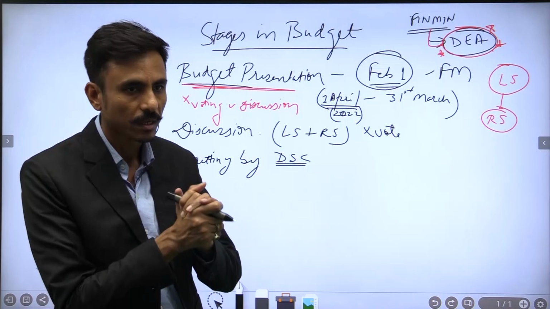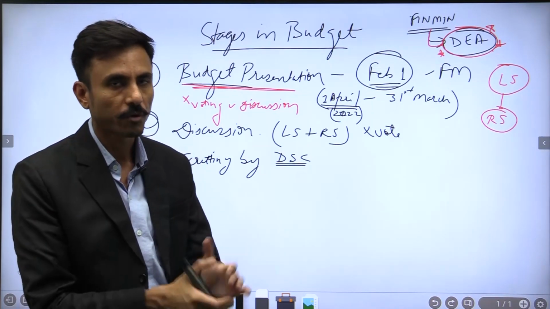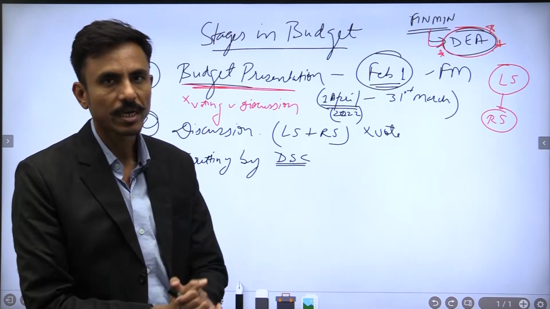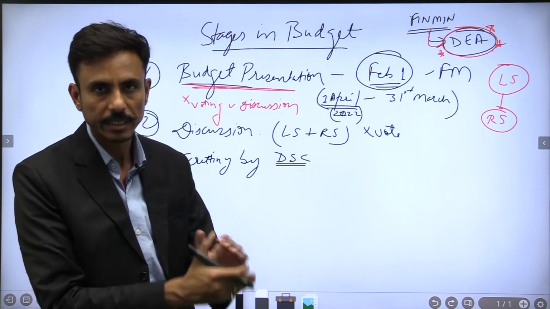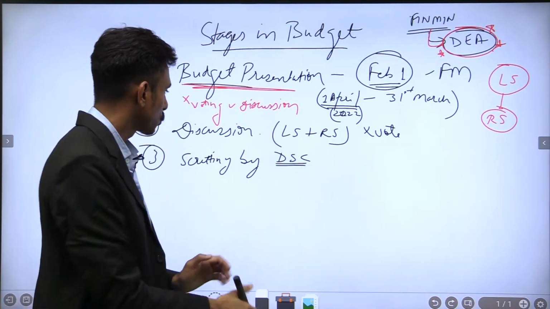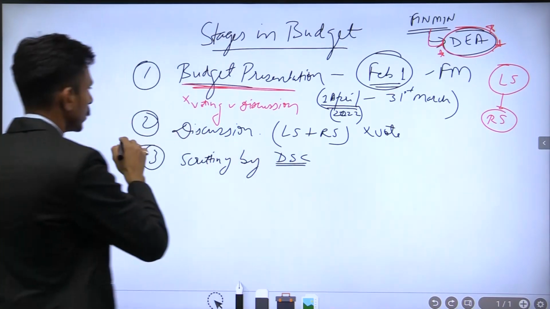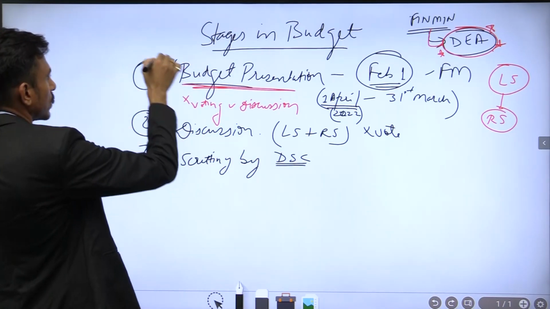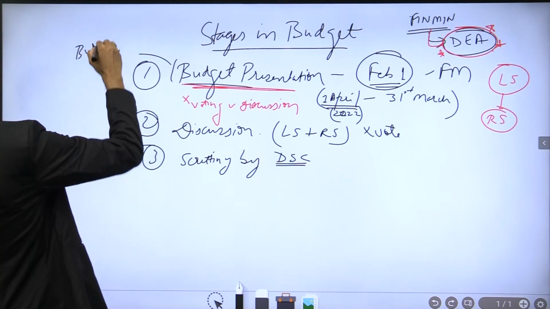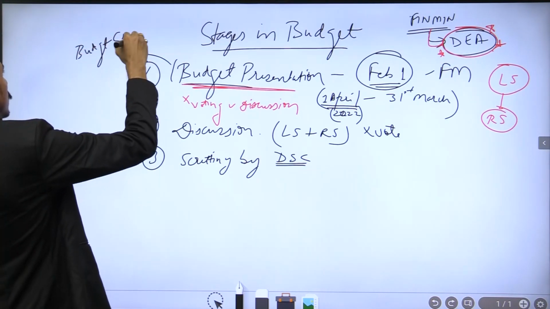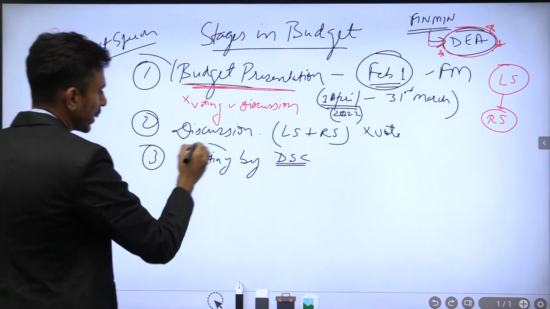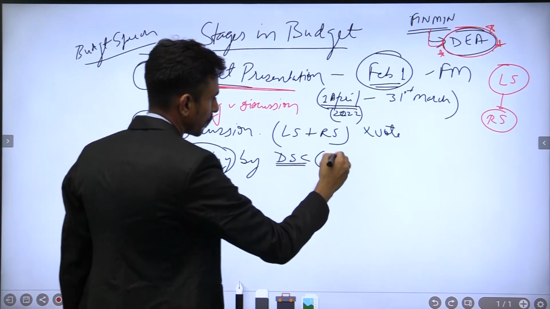For example, let's say health ministry is asking for 100 crore rupees, women and child development ministry is asking for, let's say, 80 crore rupees, correct? So those demands which are put forth in the budget speech would be scrutinized by the departmental standing committees.